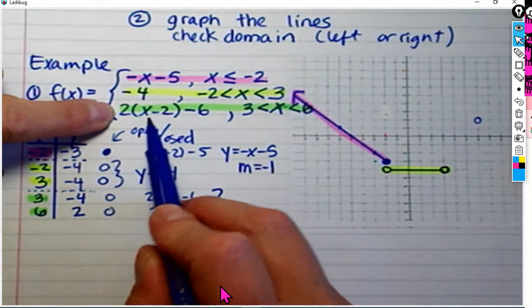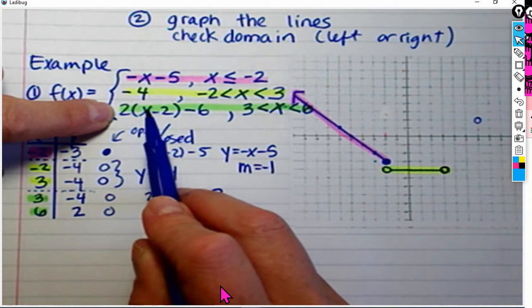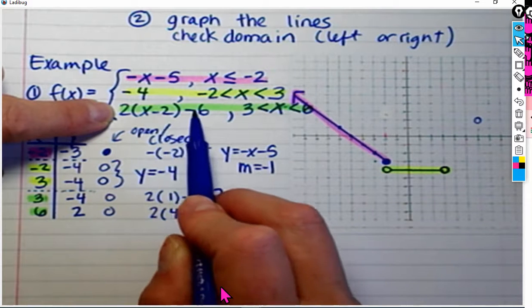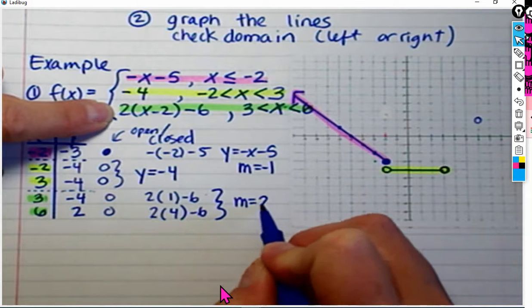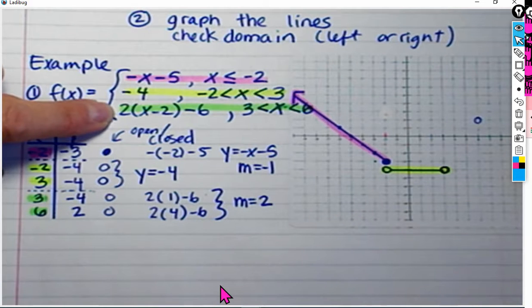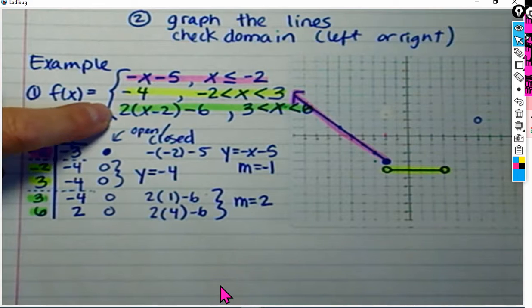This is x minus x1, y1. The slope is 2. Right? Look at the format of the equation. In this particular equation, the slope is 2.